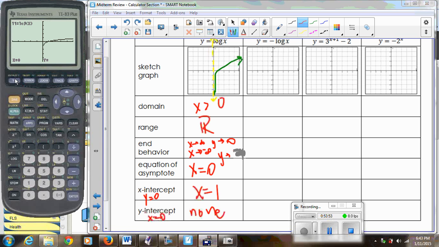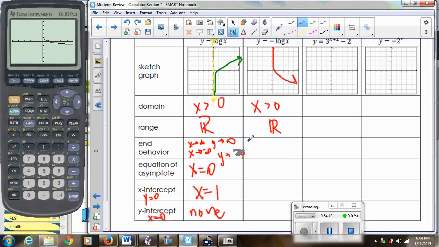So in the next equation, I'm just flipping my function. I'm basically going to insert a negative. Everything else is going to be the same, and so my function is just going to be flipped. And that was a little better. So my domain is still greater than 0. My range is still all real numbers.